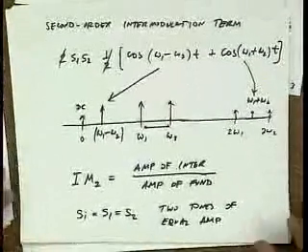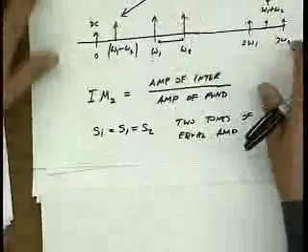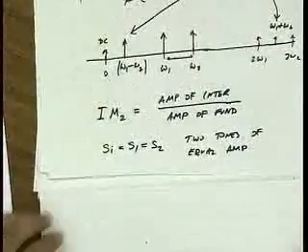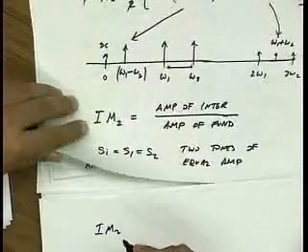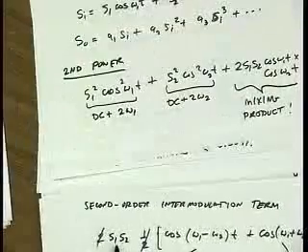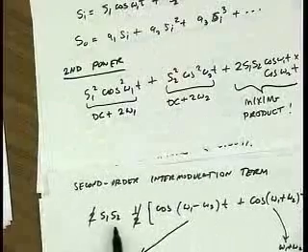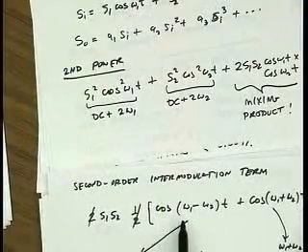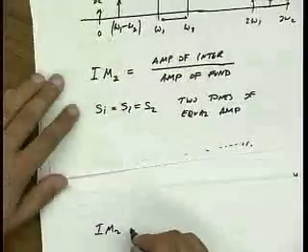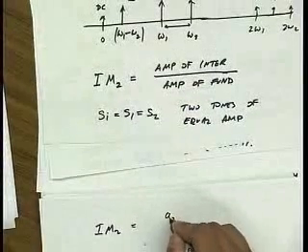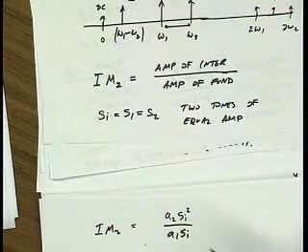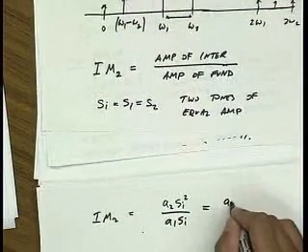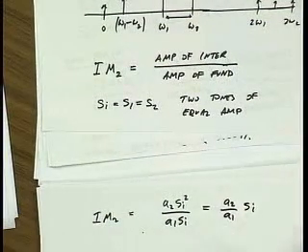Okay? And if I just plug in these two tones, if I plug in to IM2, I can see that I generate S input squared times A2. So IM2 is simply A2 S input squared times A1 S input, which is just A2 over A1 times S input.